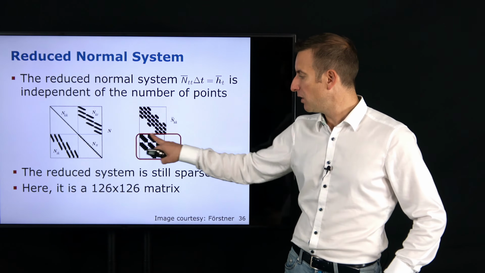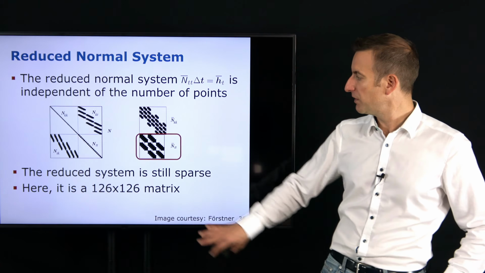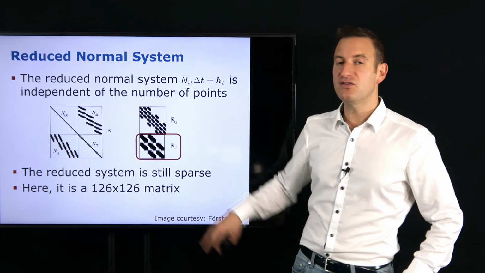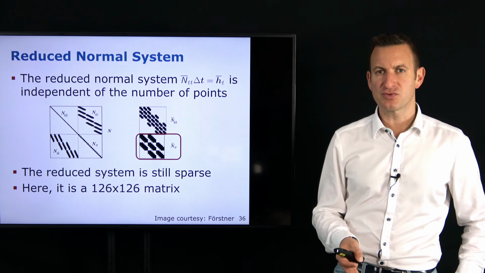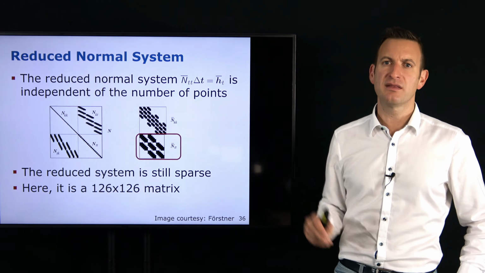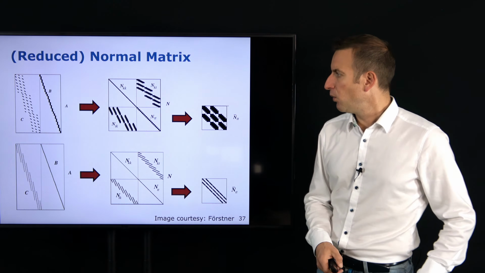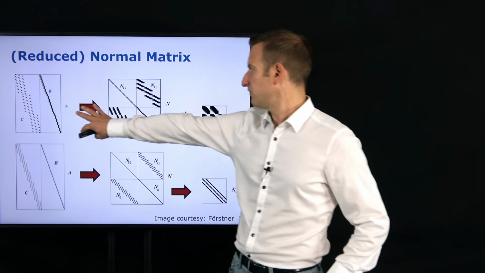And therefore, this is a 126 by 126 matrix. Because if we solve this system, we are basically computing the orientation parameters of our cameras, ignoring the point parameters.